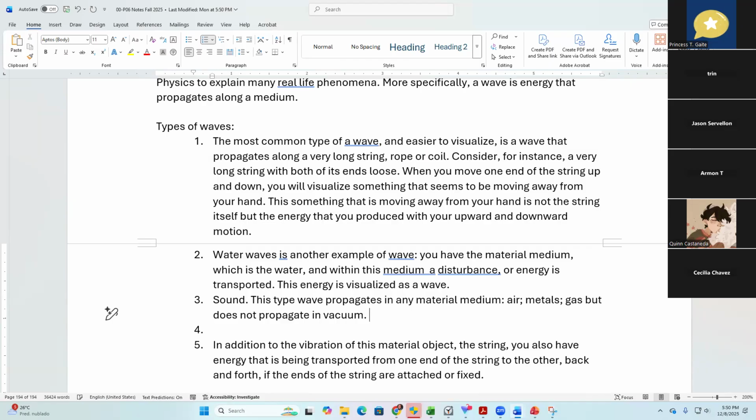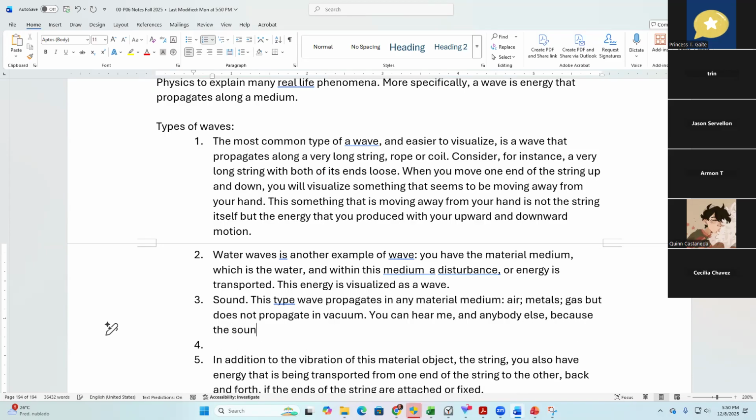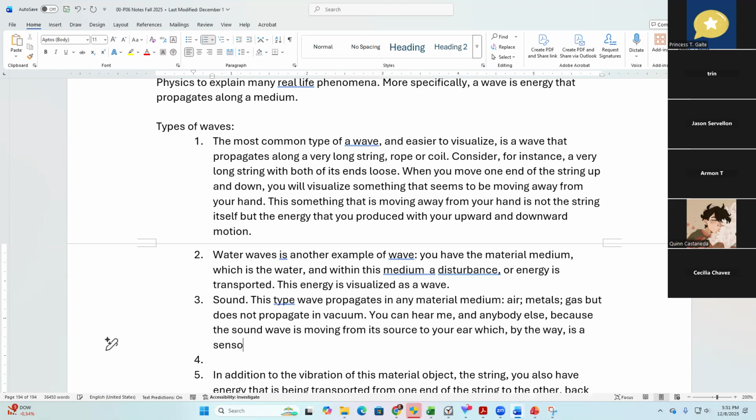You can hear me, and anybody else, because the sound wave is moving from its source to your ear, which by the way is a sensor of sound.